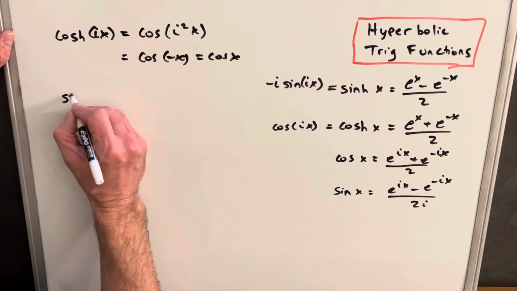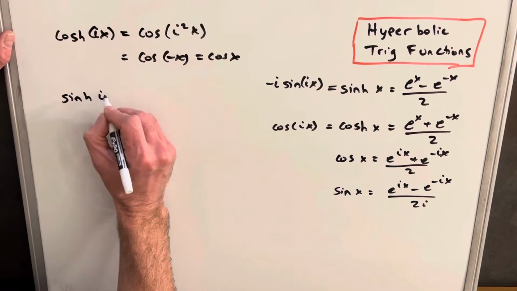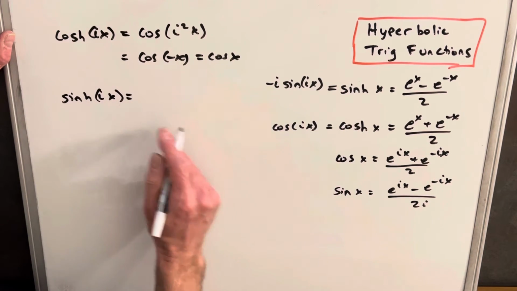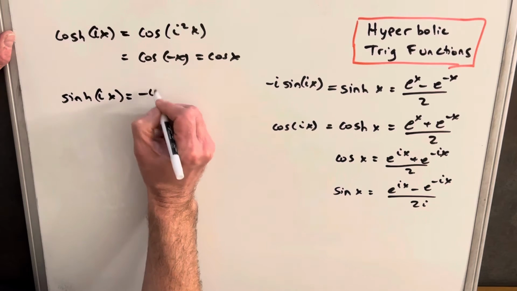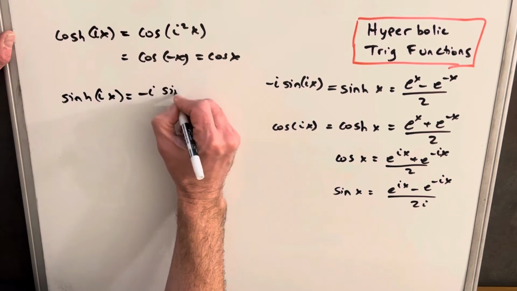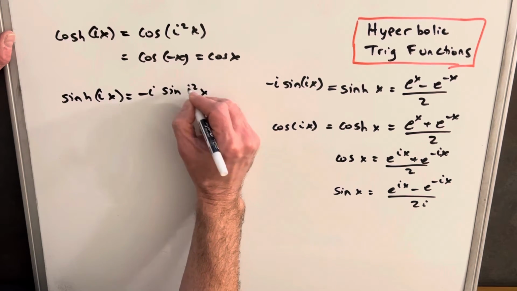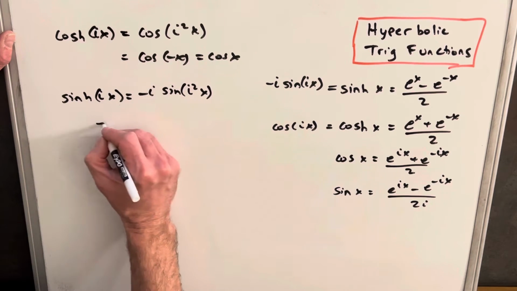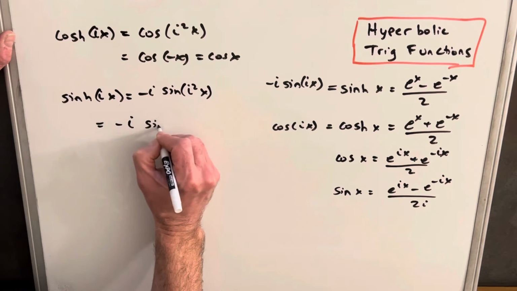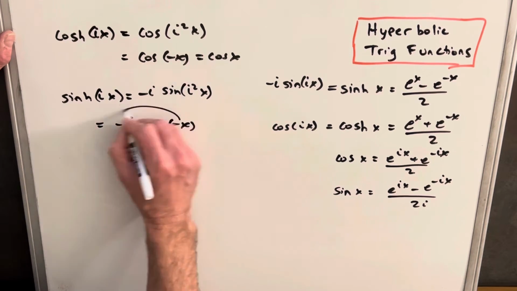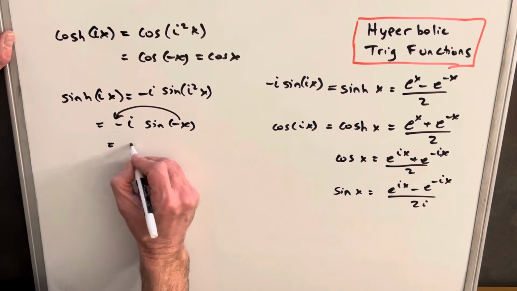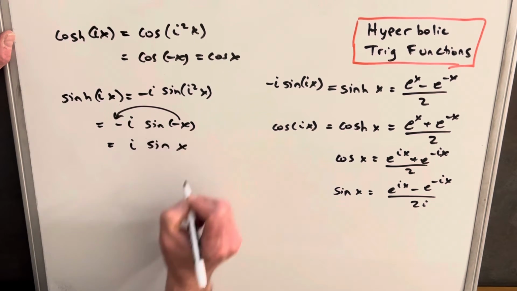And then we'll do the same thing for sinh. So if we look at sinh of ix, this is going to be the same thing as minus i, using this, sine i squared x. So then we're going to have a minus i sine negative x, but we can bring the minus out, and so this is going to be i sine of x.